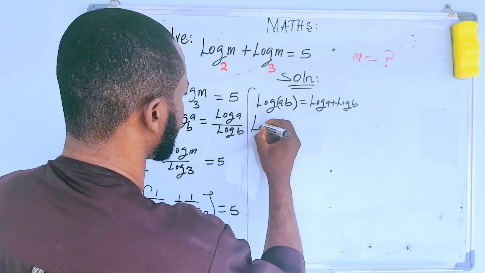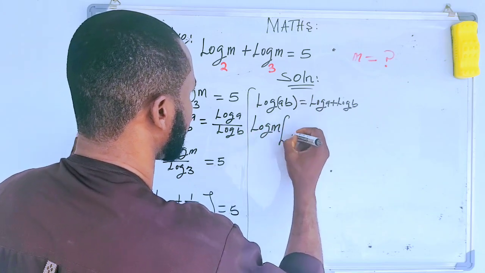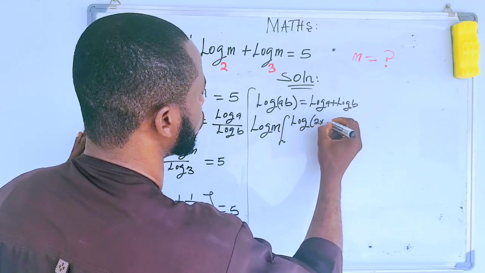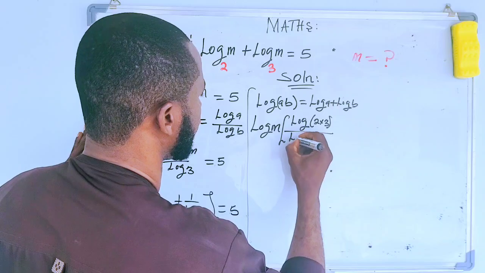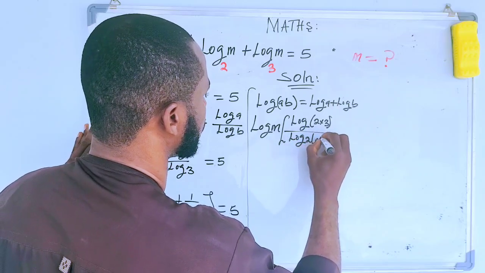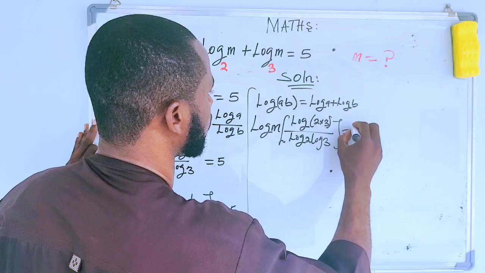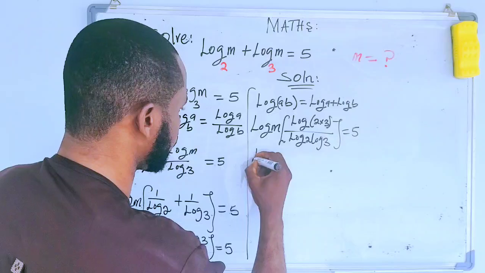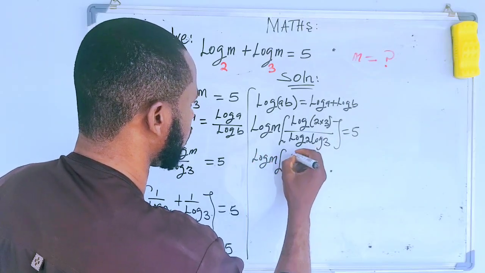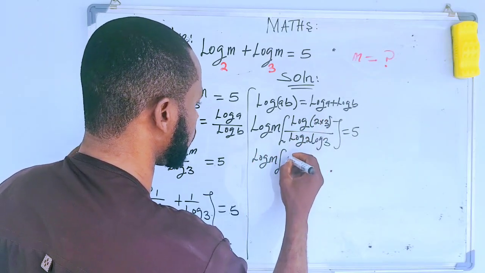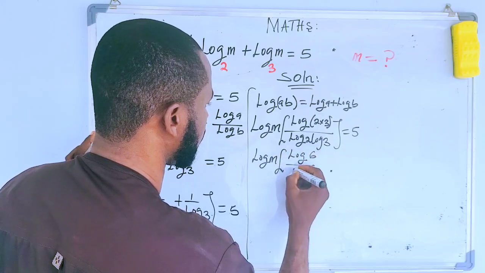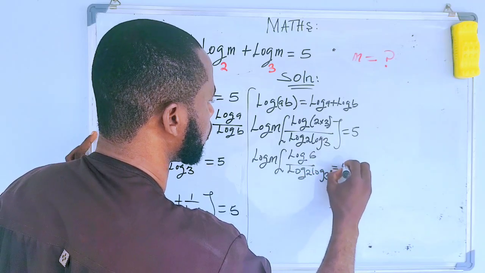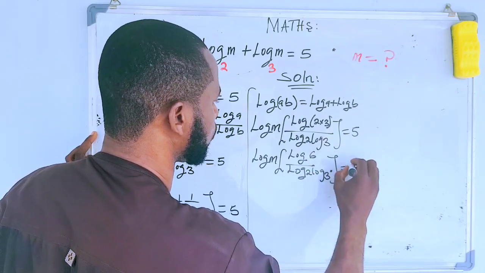Now we are going to have log m times log 2 times 3, divided by log 2 log 3, equals 5. If we simplify this further, 2 times 3 gives us 6, so we have log m times log 6 divided by log 2 log 3 equals 5.